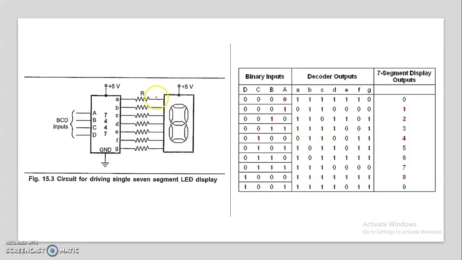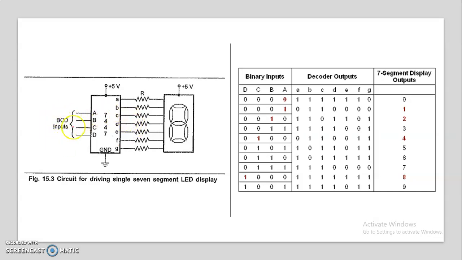A 7 segment display always requires a driver. The driver IC is 7447. It is called a BCD to 7 segment decoder. It has 4 inputs and 7 outputs. The 4 inputs are given the letters capital A, capital B, capital C and capital D, and the outputs are designated as small a to small g as mentioned in the 7 segment display.